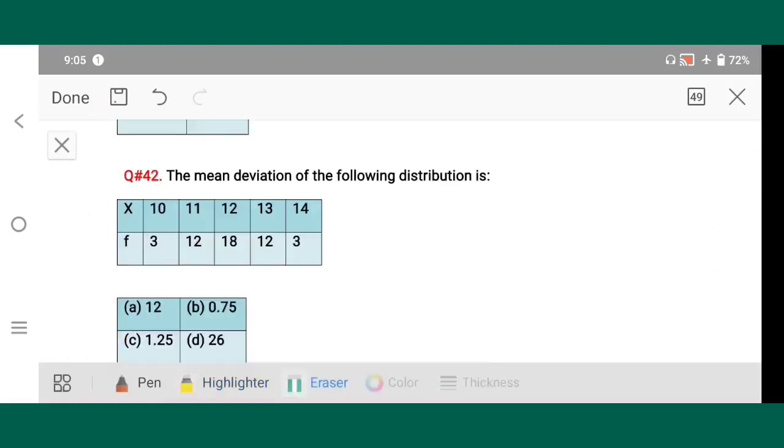2.75. Question number 42. The mean deviation of the following distribution is, we have given two rows, that is one for x, that is the observations, and the other for f, that is the frequency. So the options are 12, 0.75, 1.25 and 26. So here I am just providing you the formula. Rest of the calculation you can do it.